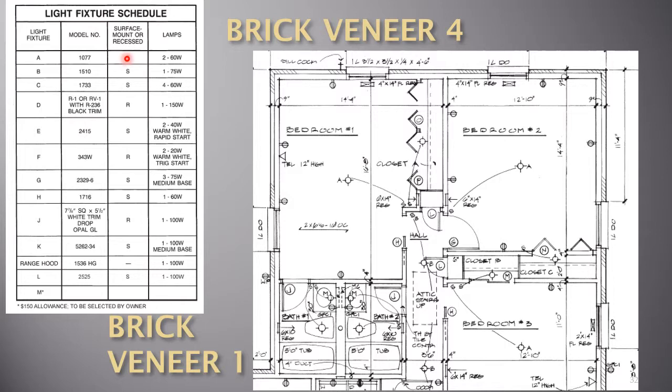S means it's surface mounted, so it's nailed to the ceiling. Takes 2 60-watt lamps.